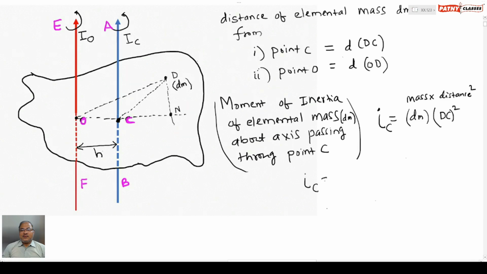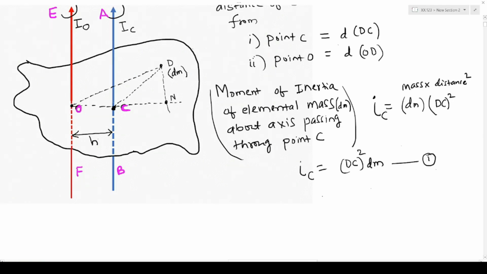Therefore, IC equals DC squared dm. Now, for the entire body, moment of inertia about the axis passing through the center of mass is given by IC equals the integration of the above expression, that is DC squared dm. Call it equation number 2.